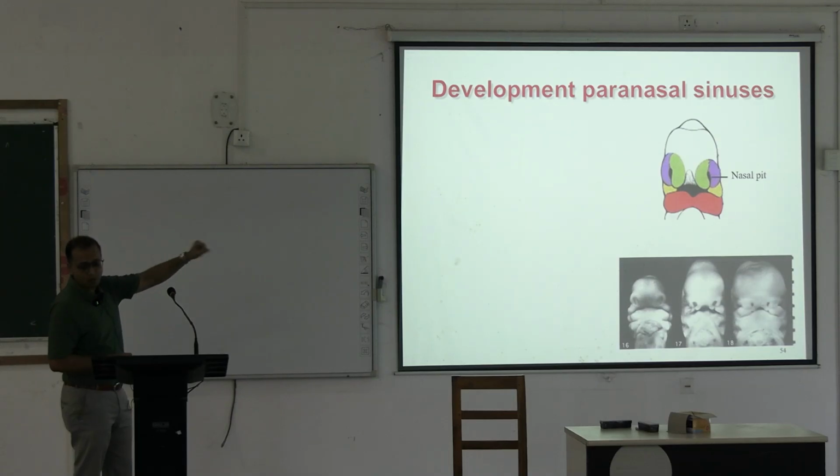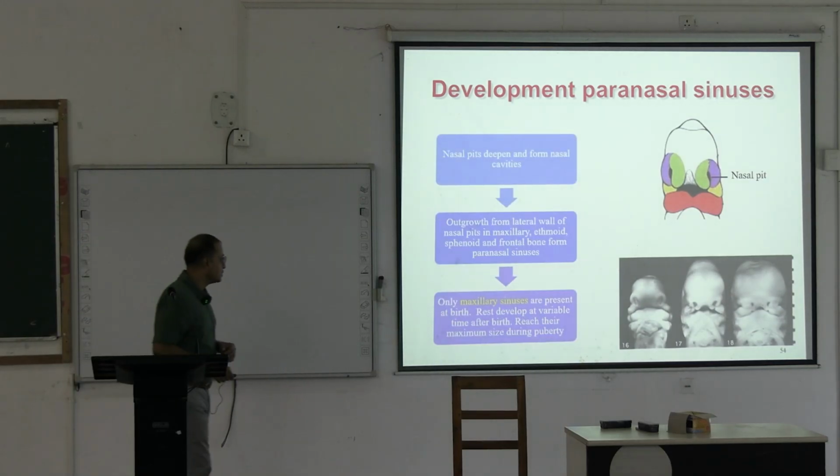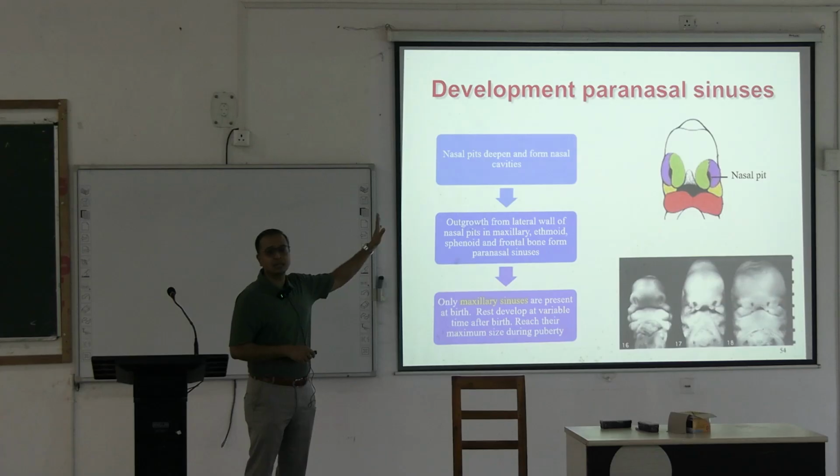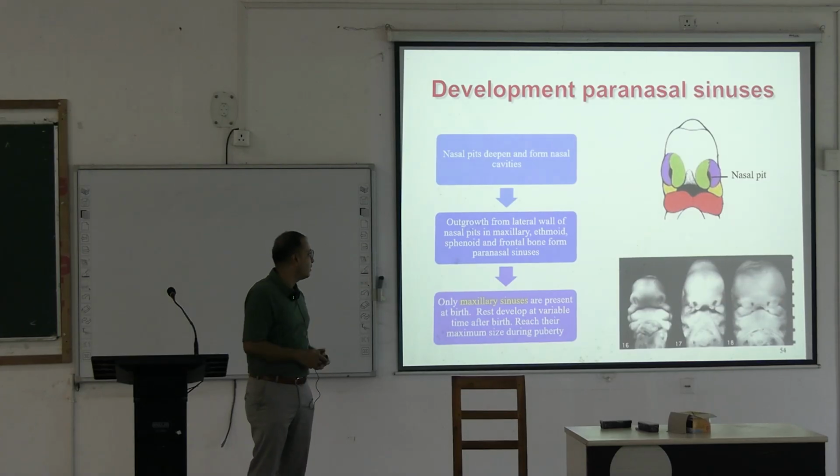If it goes backwards, it creates the ethmoidal sinus. We have the frontal bone likewise, and so on. The only sinus that we are born with, and the largest one, is the maxillary sinus. So when we are born, we have only one sinus. Later on, as the nasal cavity develops, we develop further sinuses within the neighboring or surrounding bones.